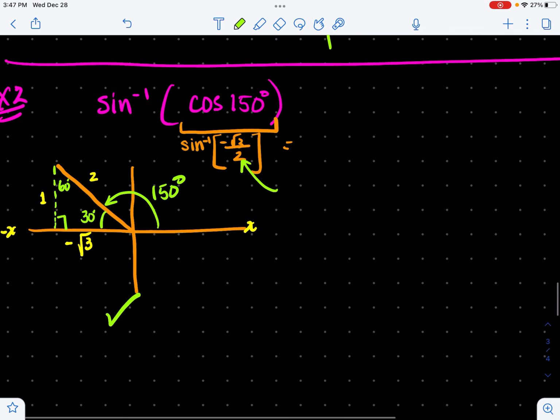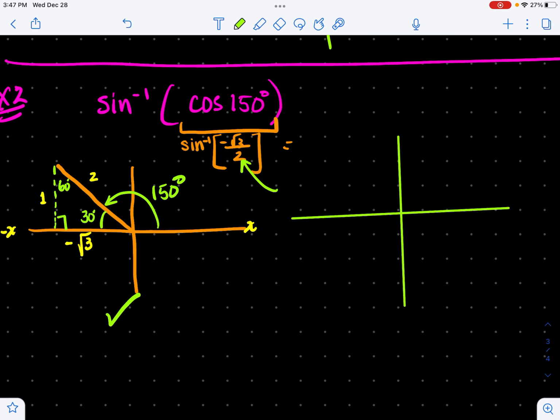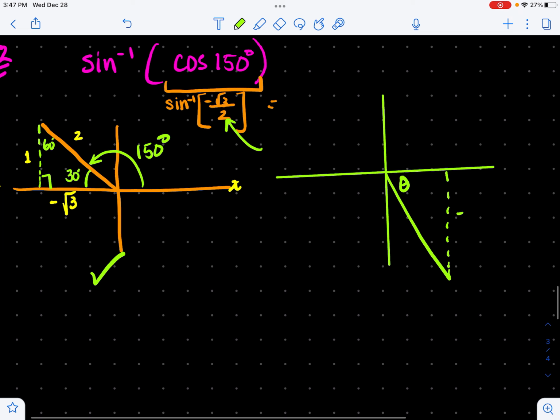The ratio here is negative, and it's an inverse question, so we're restricted to quadrant 1 or 4. But clearly, sine is not going to be negative in the first quadrant, so we're in the fourth quadrant. And hence, that's where theta is. Go ahead and complete the triangle. Opposite over hypotenuse, which means that looks like a special right triangle to me.